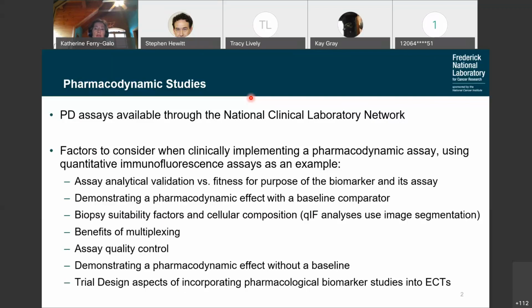So I'd like to take just a few minutes to update you on the pharmacodynamic assays offered through the National Clinical Laboratory Network. And then the main portion of the talk highlights those important principles, those important factors to consider when clinically implementing a pharmacodynamic assay, and those features which are important for implementation of a high-quality assay.